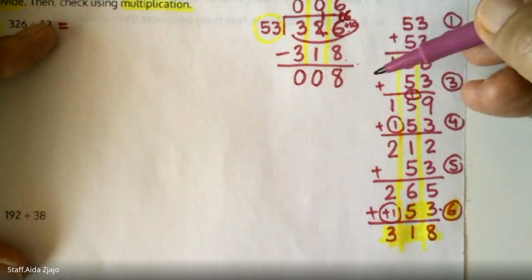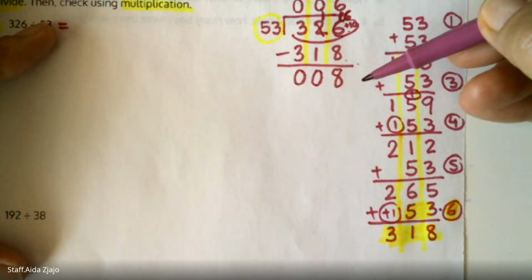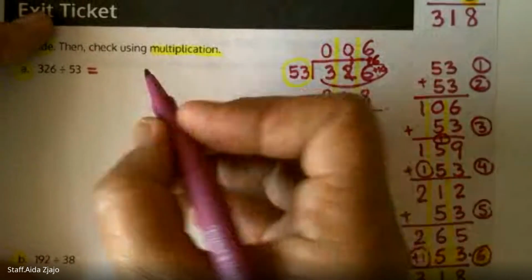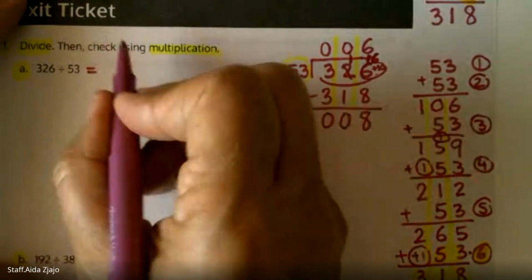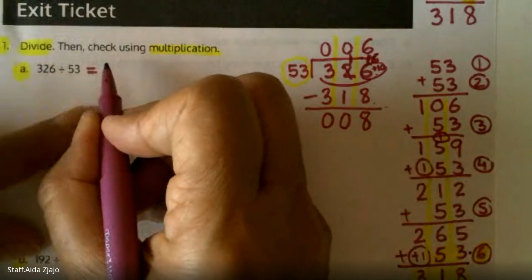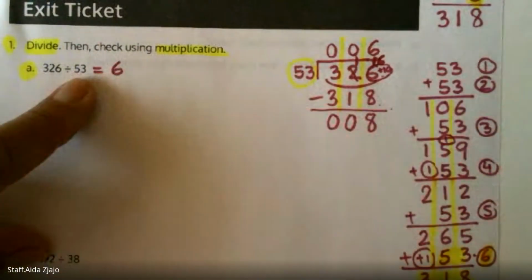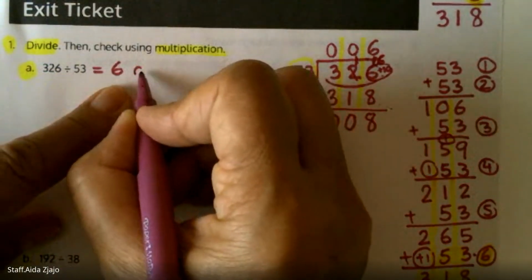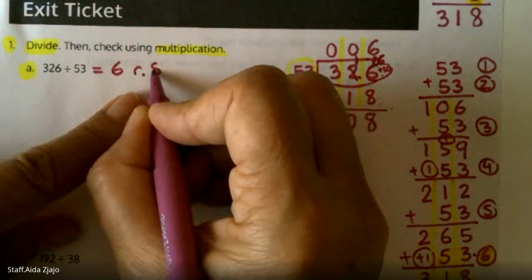So the remainder is 8. So the answer is there are 6 groups in this number, plus a remainder of 8.